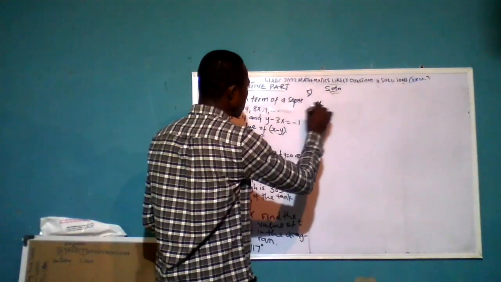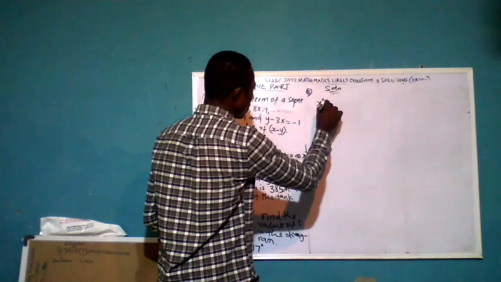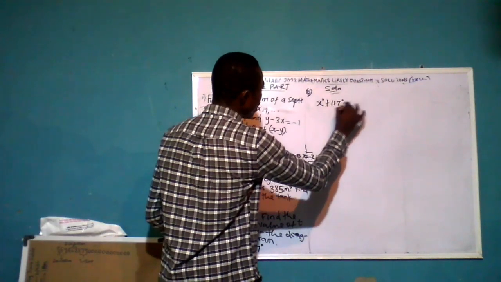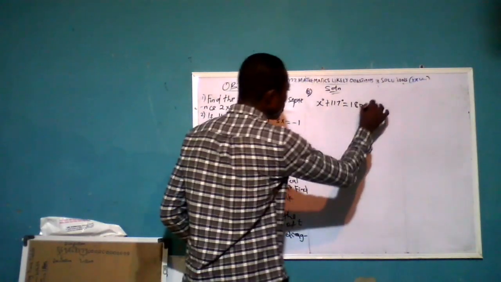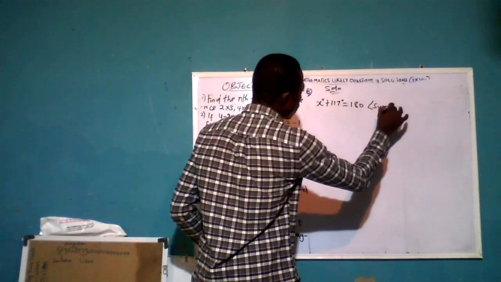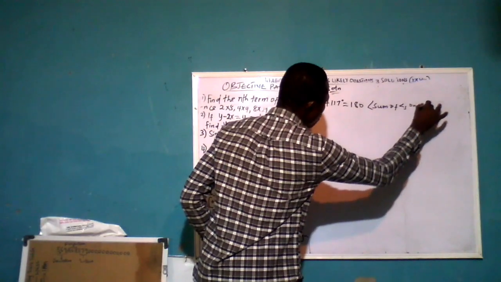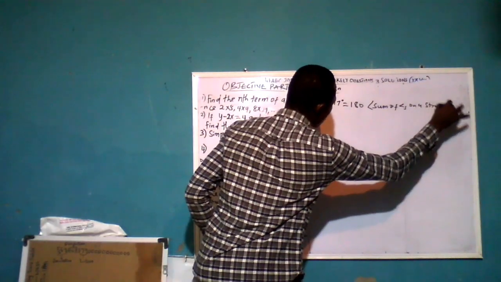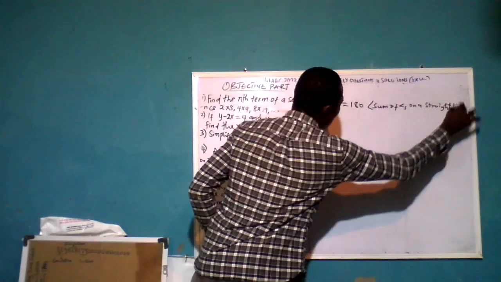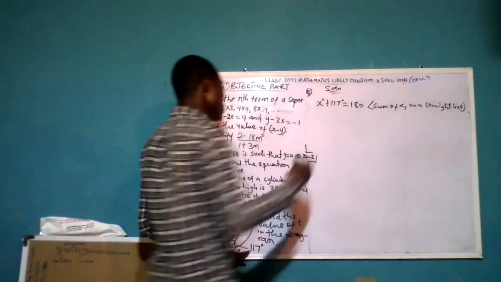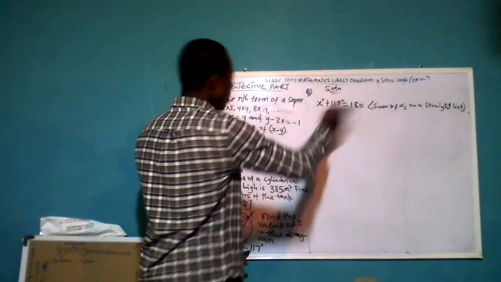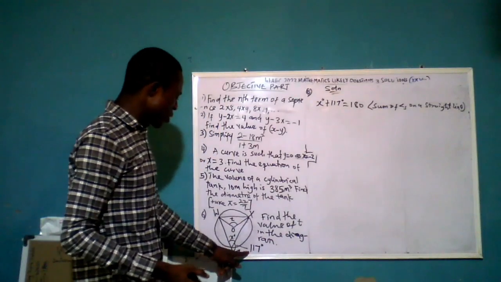So you have x degrees plus 117 degrees equals 180 degrees. And what's the reason? Sum of angles on a straight line. You don't need to waste your time writing this. Once you know the reason, just follow this and get your correct option straight away.